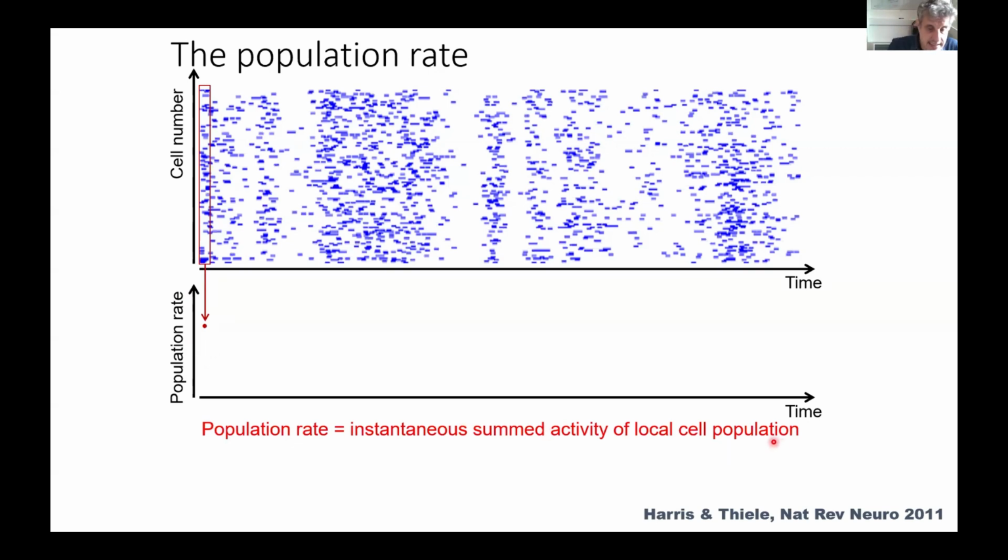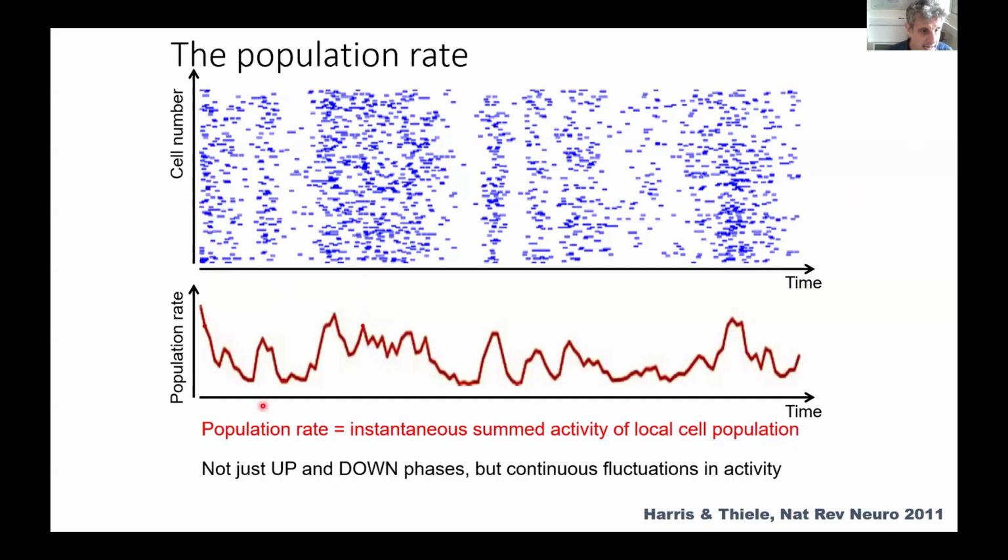It's the instantaneous summed activity of the local cell population. You do that at every moment in time, connect the dots, and you get a graph of the population rate as a function of time. There are these fluctuations. We tend to call the times of increased activity an up phase, and the times of decreased activity a down phase.